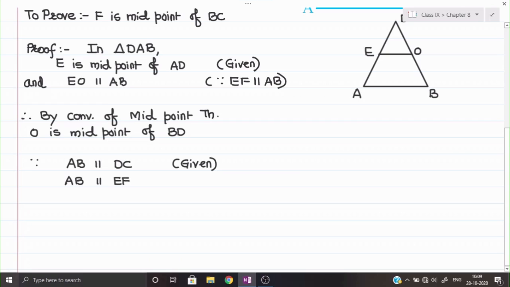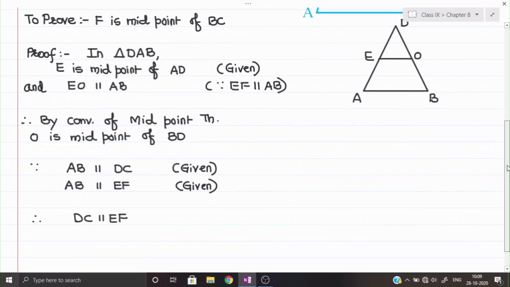That is also given, so we'll mention this is also given. So therefore we can say that DC will be parallel to EF. Okay. Now again we have achieved one important result.